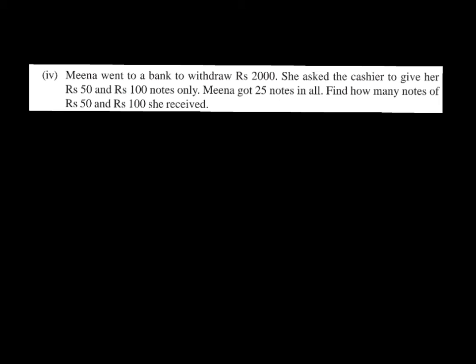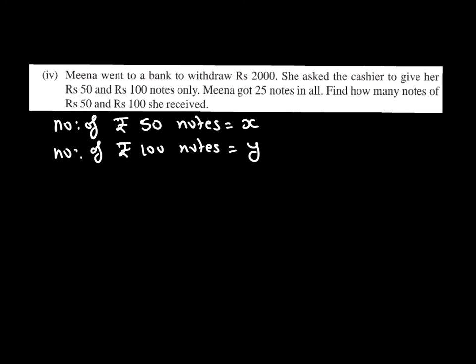So let the number of 50 rupee notes be equal to x and the number of 100 rupee notes she gets be equal to y. In total, the number of notes she got was 25, so x plus y will be equal to 25.